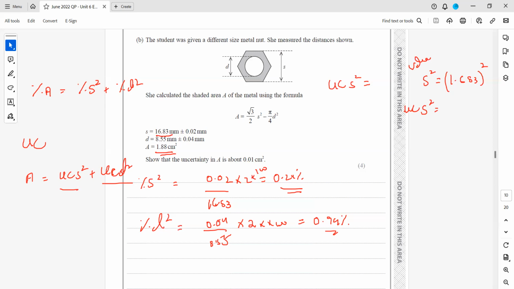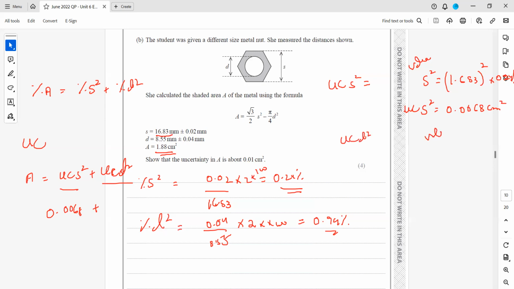So the uncertainty in S square will be equal to 0.24% of this value. This will give us how much uncertainty there is: 0.0068 centimeter square. That is the uncertainty in S square. So the uncertainty in S square is 0.0068, plus the uncertainty in D square.